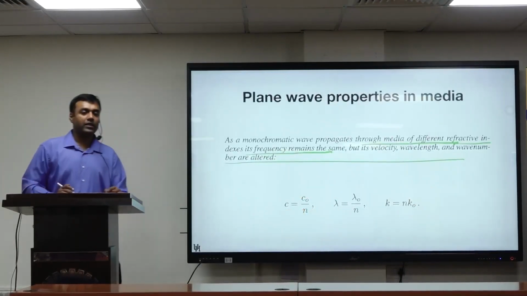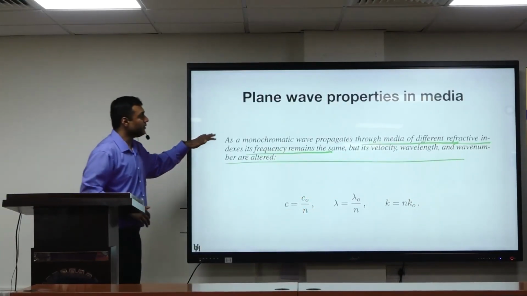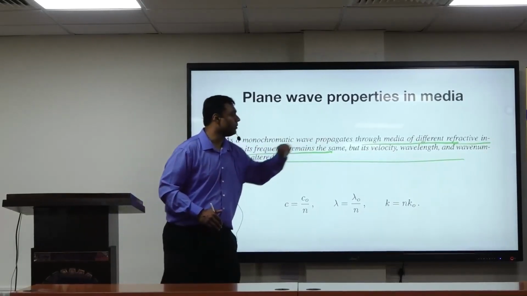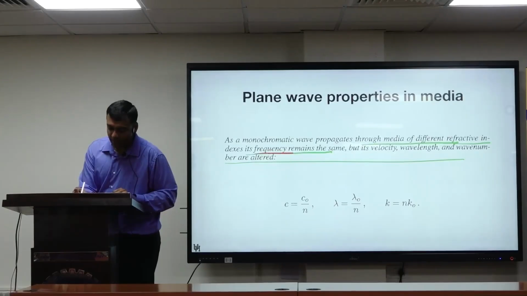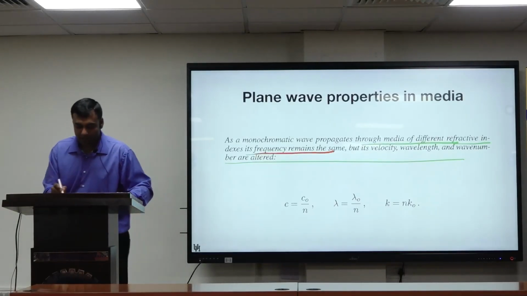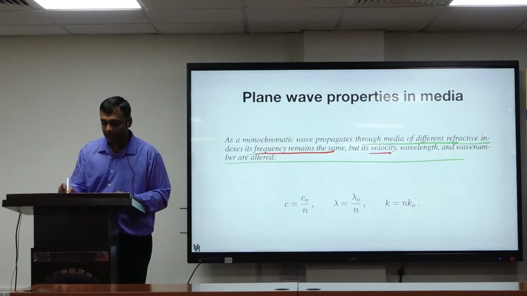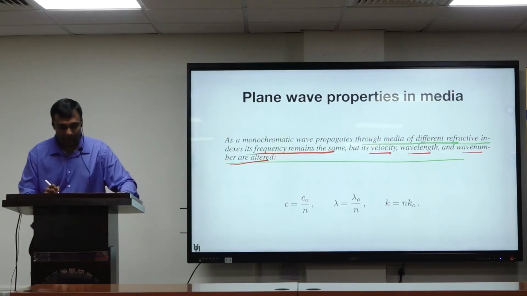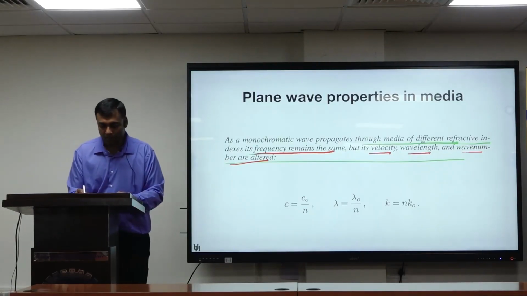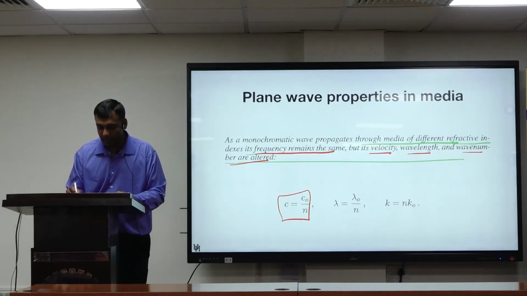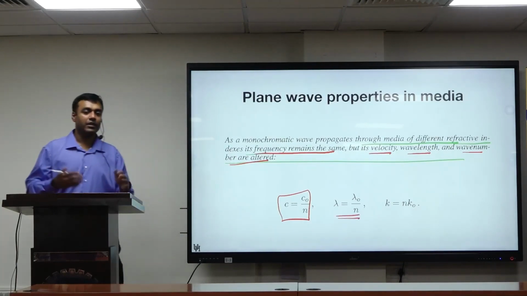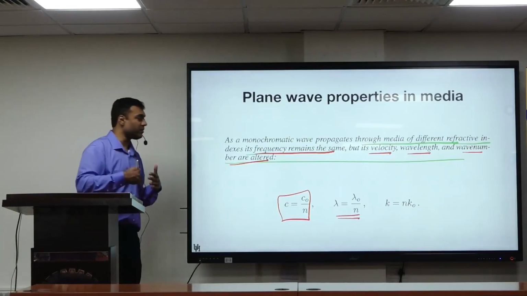If the wave travels into a medium which has some refractive index, c remains the same, but its velocity could change, its wavelength could change, its wave number as defined here could change. This defines the refractive index. What happens to the wavelength? The wavelength actually becomes smaller.